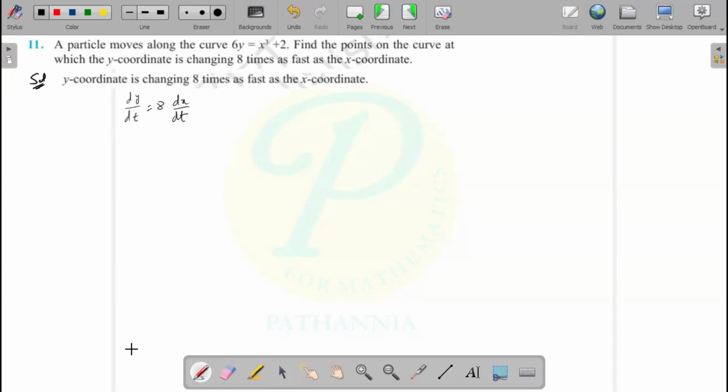Changing का मतलब होता है rate in change. And the equation given to you is, so now you differentiate with respect to time. 6 dy upon dt, 3x square, the differentiation of x plus 0. Equation first से dy upon dt की वैल्यू चेंज कर दीजिए.